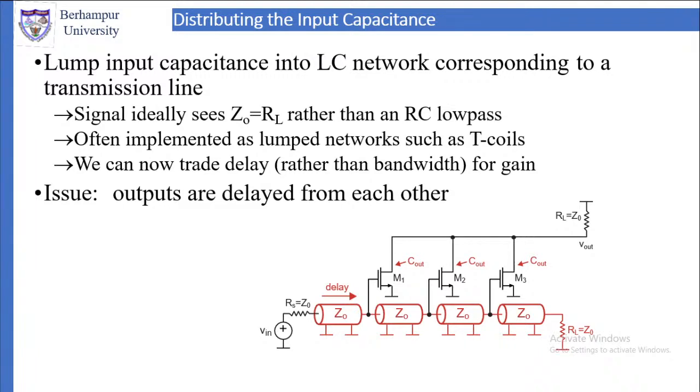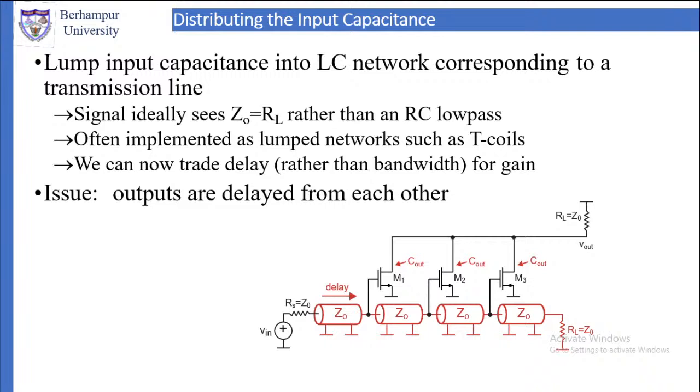So lumping the input capacitance into the LC network corresponding to a transmission line will result in ideally Z0 equal to RL rather than an RC low pass circuit. The signal that you are giving as input will see the load as RL, Z0 is equal to RL, if it is terminated in the characteristic impedance.